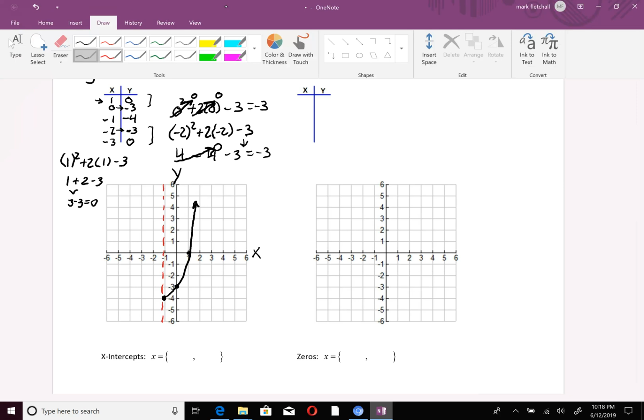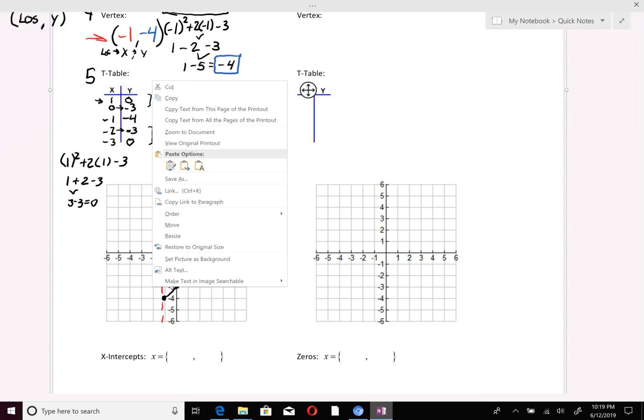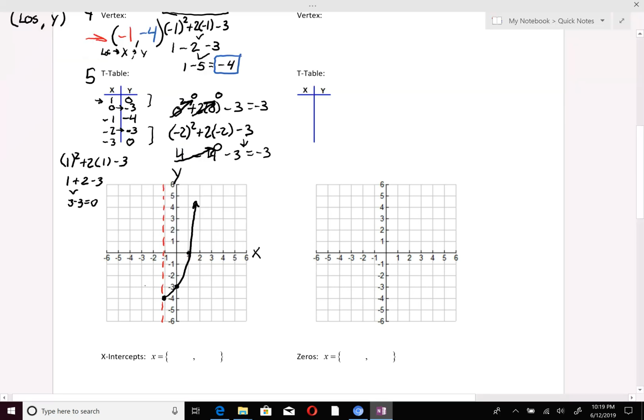So I go right to -2, down to -3, and I'll plot my point there. And for my next one, I'll do -3, 0. So I'll go to -3, and I don't go anywhere for my y. And then I'll attach my next arm. So my graph is complete.